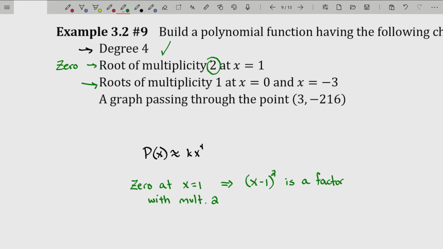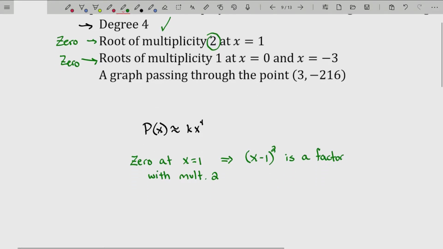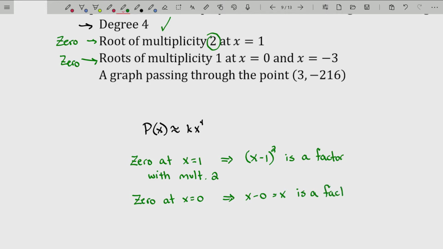And we have another root, or zero, remember. We have another zero of multiplicity 1 at both x equals 0 and x equals negative 3. So zero, again, multiplicity 1 in this case, at x equals 0 implies x minus 0, again, to the first, is a factor. But remember, x minus 0 is just x, is a factor.